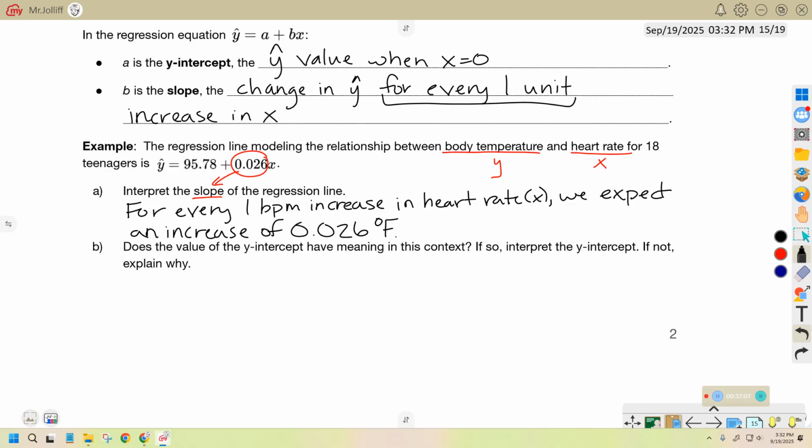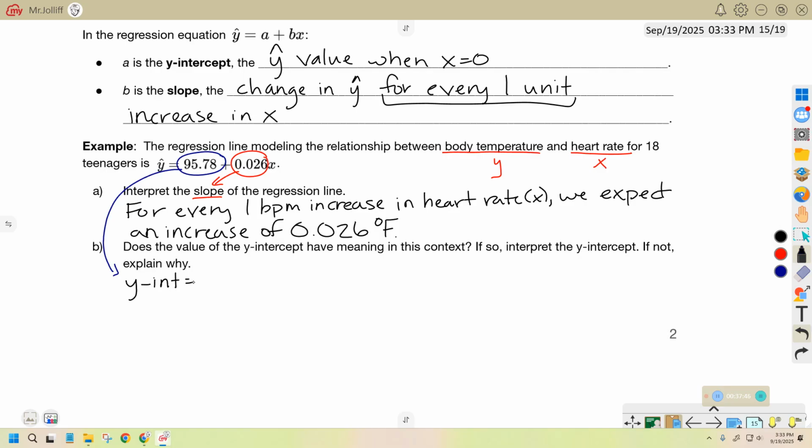We can do this. All right, so the next one, a little bit weirder, asks us, does the value of the y-intercept have meaning in this context? If so, interpret it. If not, explain. So, Samuel, what is our y-intercept? I agree.